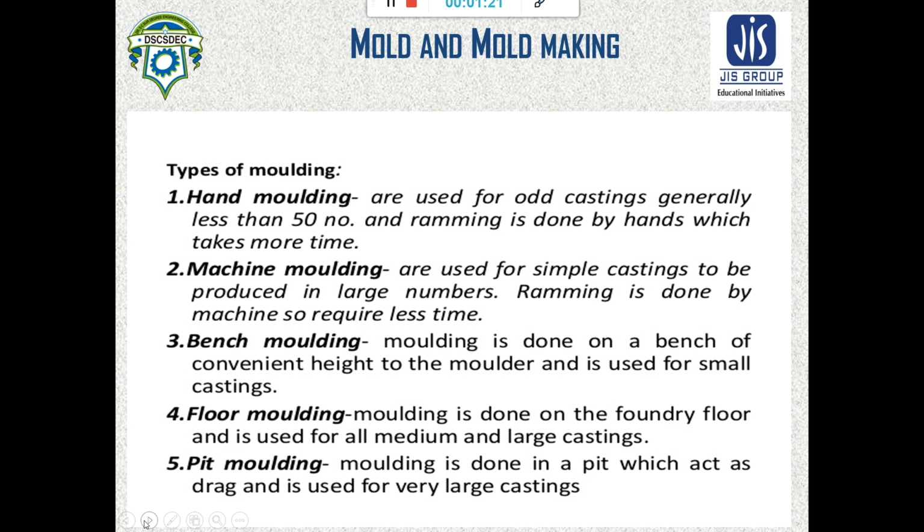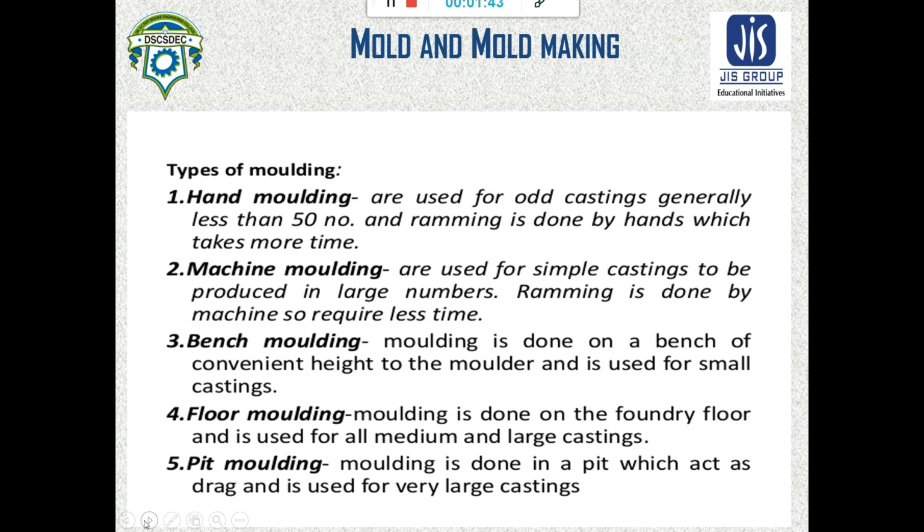In hand molding the ramming is done by hand only, so it is more time-consuming and not so economical. But for small casting, if you want to make two or three products from one casting, hand molding is very suitable.